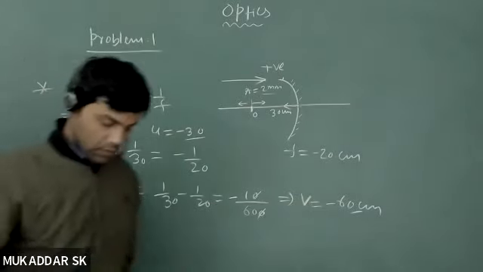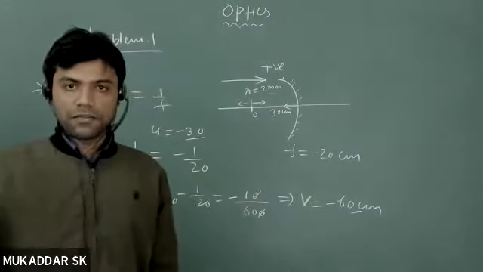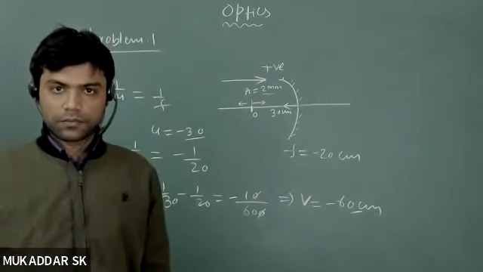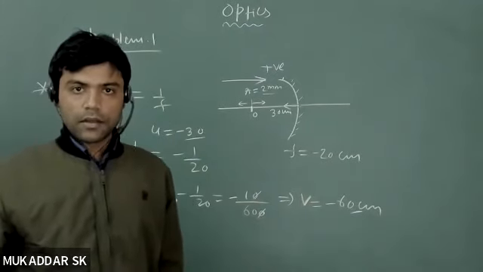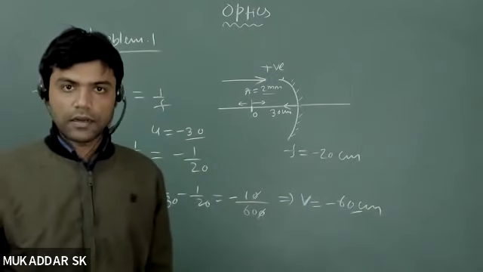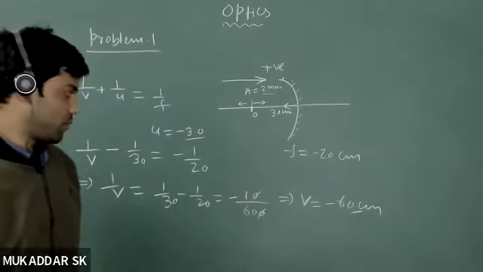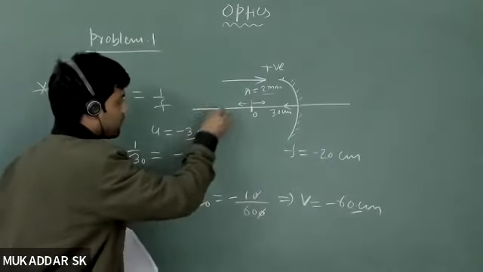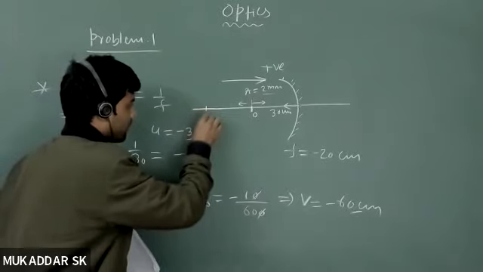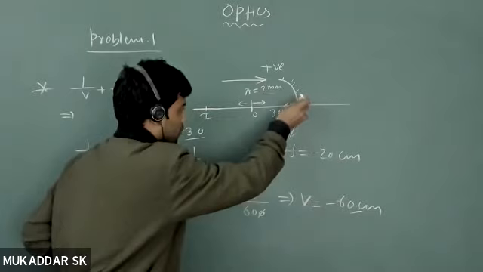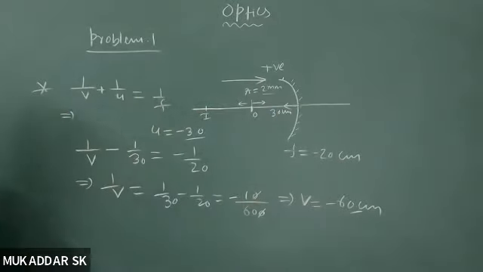But if U and V are of opposite sign, for a mirror, the image will be a virtual image. So the position of image is somewhere here. Because V is negative, the distance from pole to this image is 60 centimeter.